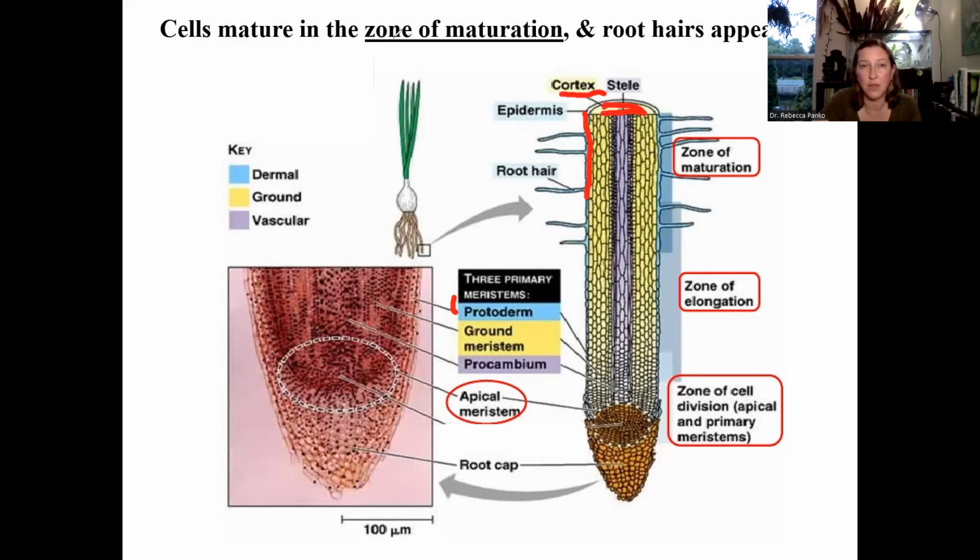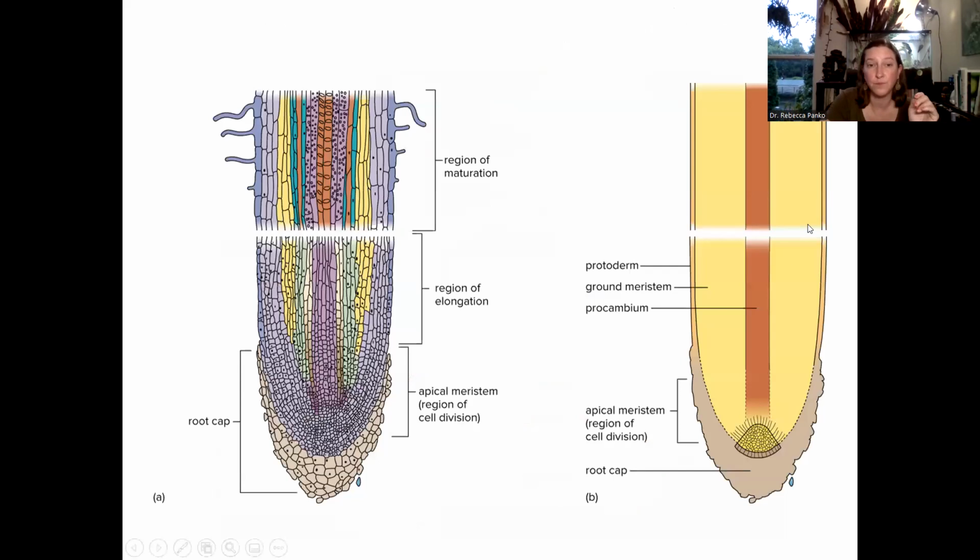We're not seeing a pith in this one, but the pith would also be yellow if that was there. Don't worry about this word stele. That's basically the vascular tissue. Just know that there's xylem and phloem all through here in the vascular tissue, which was made by the procambium. Covered that last time, but same thing in the roots. This is just the same thing, but closer up so that when you're looking at your slides, you can see a little bit better.